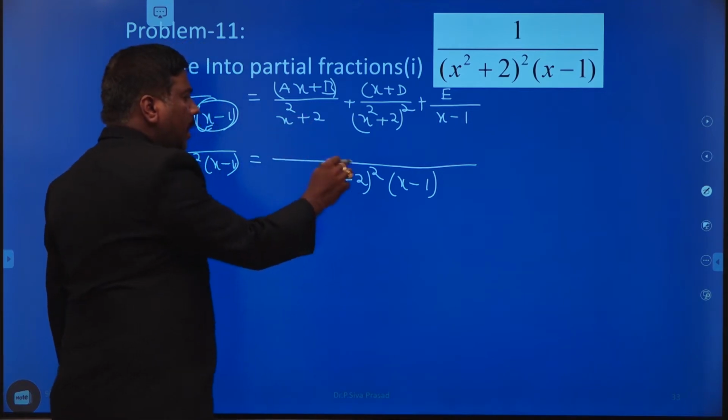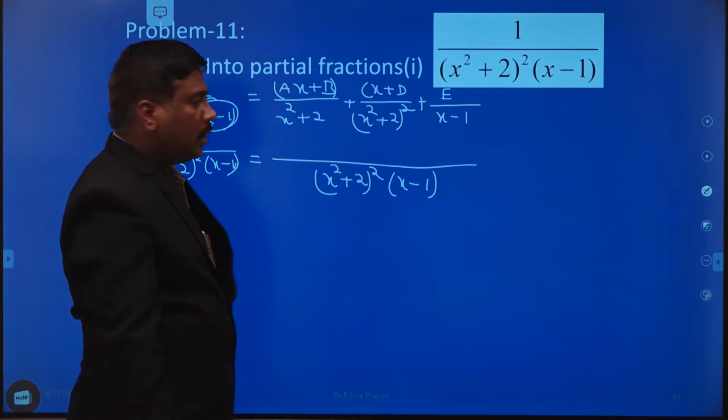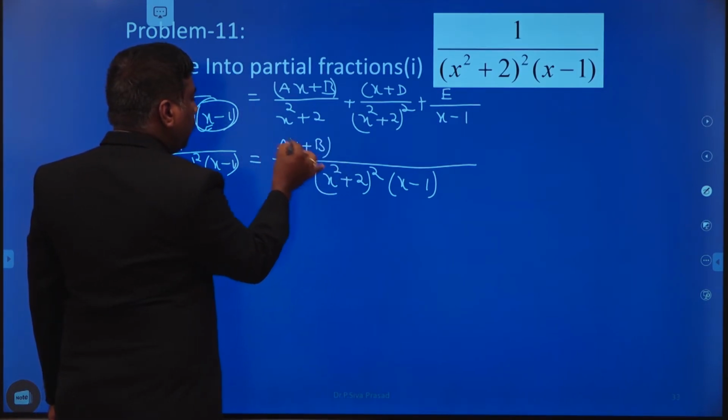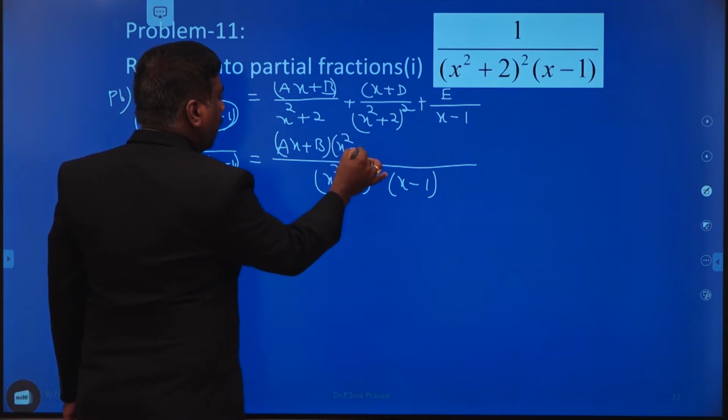When you have the denominator x square plus 2, the LCM factor is ax plus b into x square plus 2.